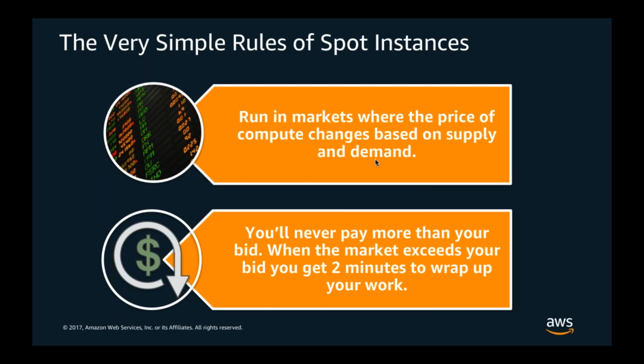Either way, we'll give you a 2-minute warning so that you can wrap up your work, you can save your state, you can checkpoint your job, you can do whatever you need to do to handle that. Maybe it's detaching from a load balancer, maybe it's copying some data to S3, whatever it is that you need to happen, and we give you that 2-minute warning.